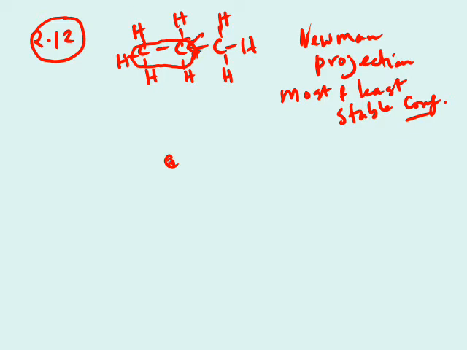So the carbon that you're looking at, which is this carbon, will be shown as a dot, and the carbon behind it is shown with a circle. And make sure you align this molecule in such a way that you're looking at this carbon and the other carbon is directly behind, and that's how it's shown. And now I'm going to write down the bonds.